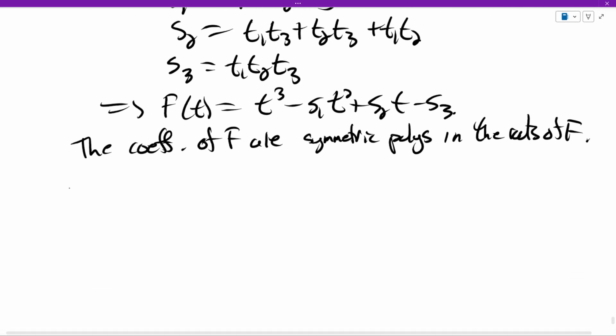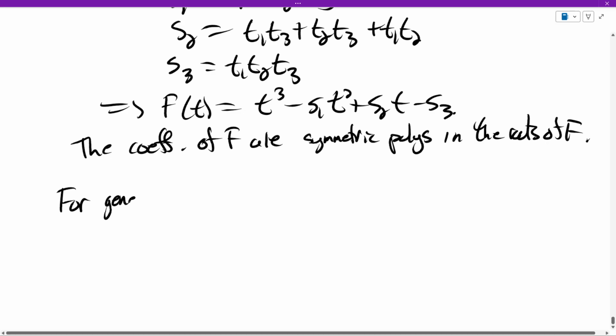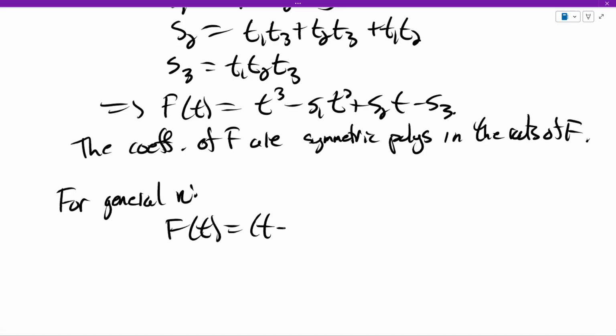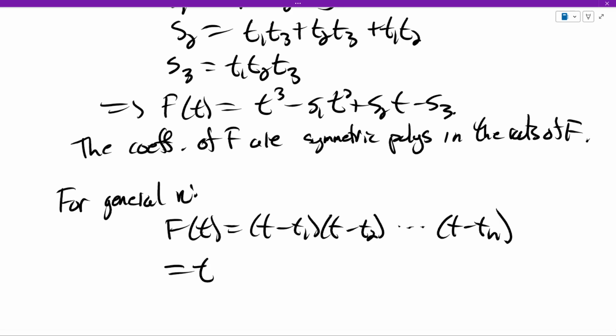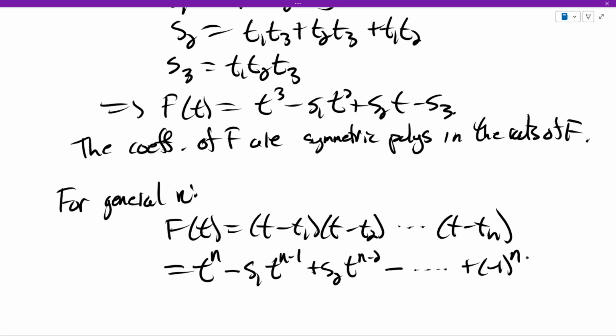And in general, we can factor f of t over C as (t minus t1)(t minus t2) all the way to (t minus tn). And when we multiply it out, we're going to get t to the n minus S1 t to the n minus 1 plus S2 t to the n minus 2, all the way down, alternating signs, and then we get some plus or minus; the actual sign is (negative 1) to the n times Sn.